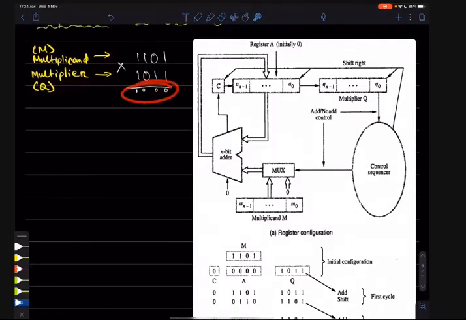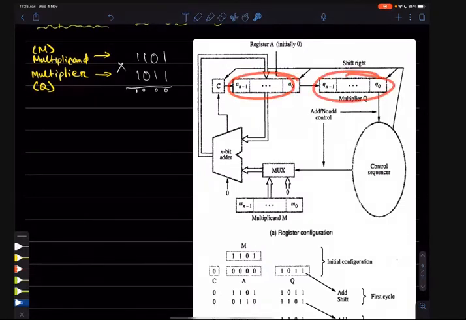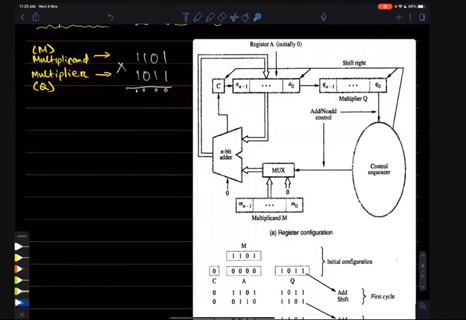A is 0 0 0 0, the multiplicand is there, the multiplier is there. At the end our product will be a 2n bit number, but here each register is n bit. So where will the 2n bit be stored? Here. The combination of A and Q will give us the 2n bit.